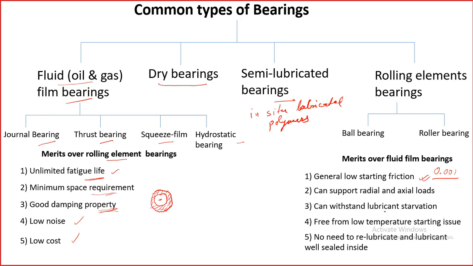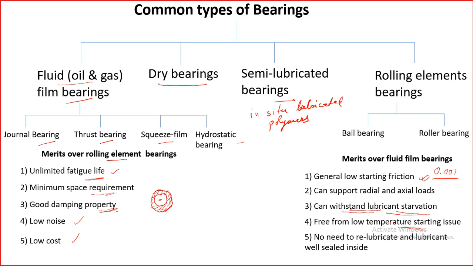They can withstand lubricant starvation. In machines, often there will be a situation when the lubricant dries out, and in that situation the rolling element bearing will perform better, because the low friction is due to rolling. Free from low temperature starting issue.